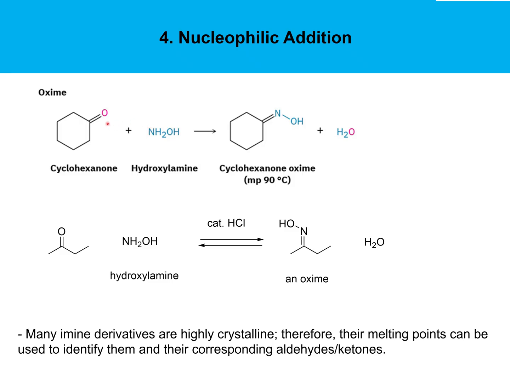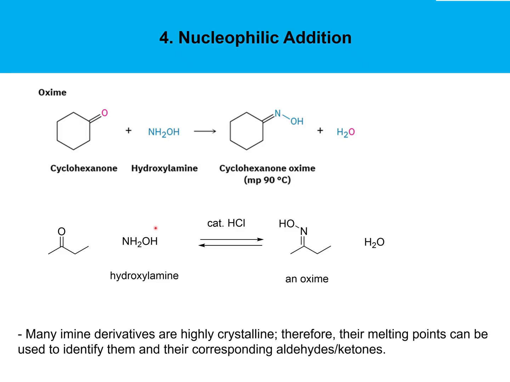So the nitrogen will attack the carbonyl carbon and form eventually a double bond there. And the OH essentially acts as a substituent that rides along for the reaction and is found in the product. This oxygen from the carbonyl will eventually become a water molecule and it will be a byproduct of the reaction. The reaction again is reversible by adding water and HCl.